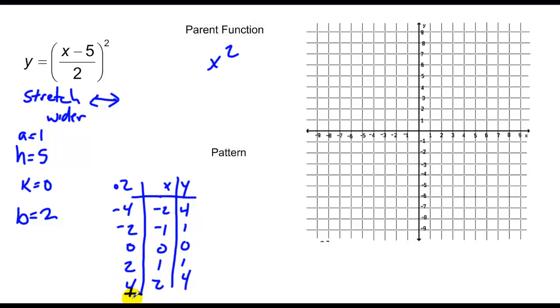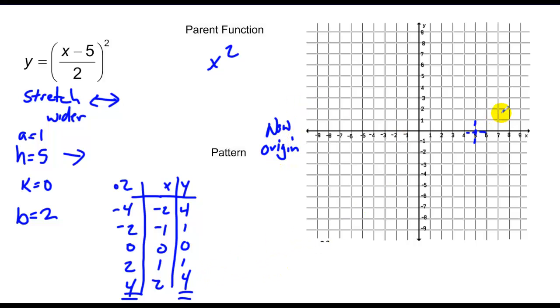And now we're going to graph these x and y values from our new origin. And our new origin moves over 5 because we have a horizontal translation of 5. And we aren't moving up and down. So here's my new origin once again.